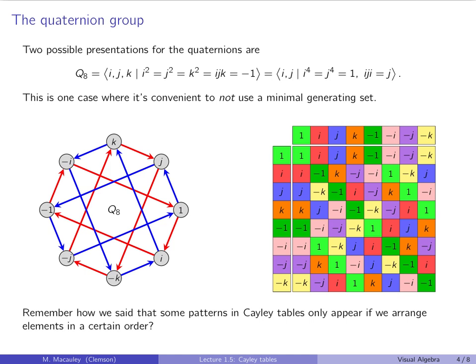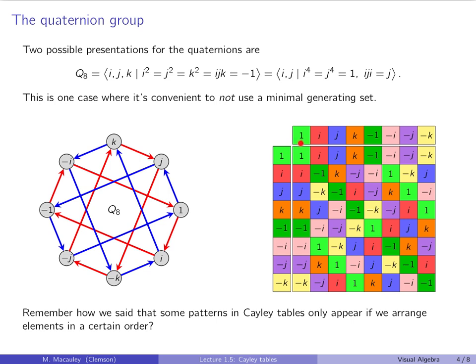And right now you look at this and, what do you notice? Well, the square of every element is either 1 or negative 1. There's not much else. Or at least I don't see much else. But remember how I said that some patterns in Cayley tables only appear if we arrange elements in a certain order?